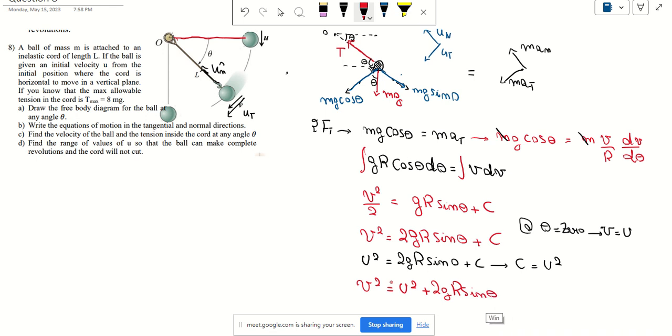This is our first equation of motion, and v is in terms of the initial velocity and theta.